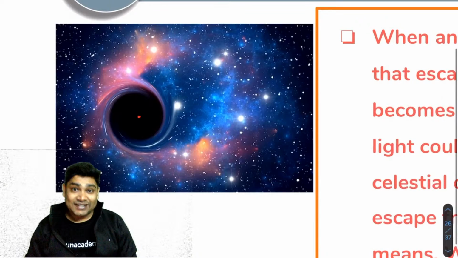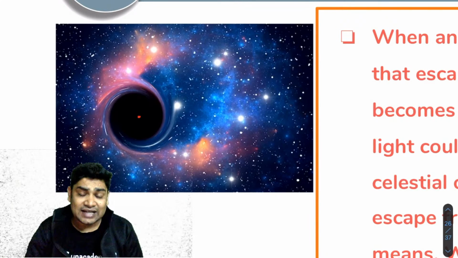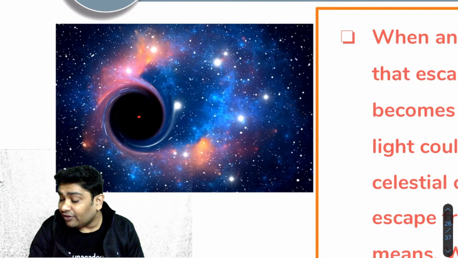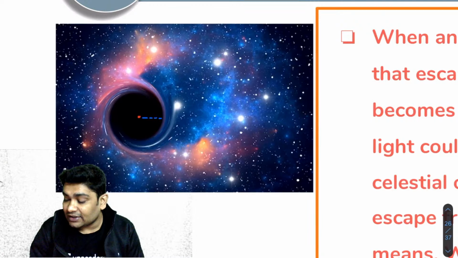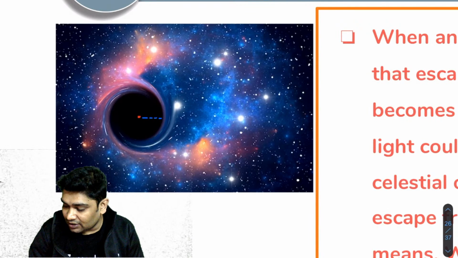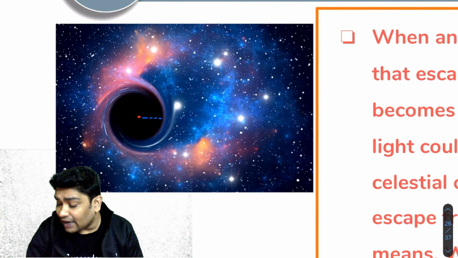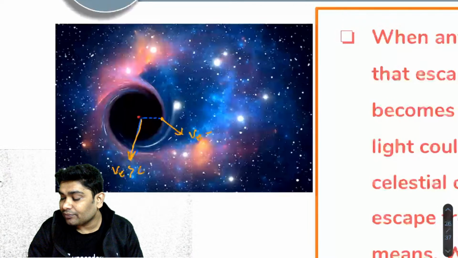I don't know what is there. So let's assume hypothetically that in a very small space, all the mass of the black hole is concentrated. Now you realize as I move away from this, the escape velocity is reducing, right? So here, let's imagine the escape velocity is greater than c, so it will reduce, and eventually at some distance, the escape velocity will become equal to c.